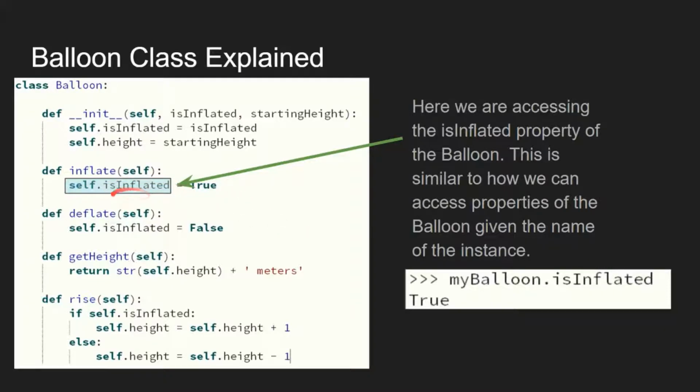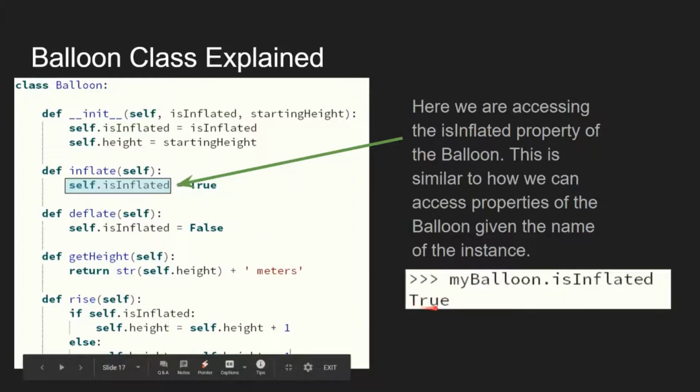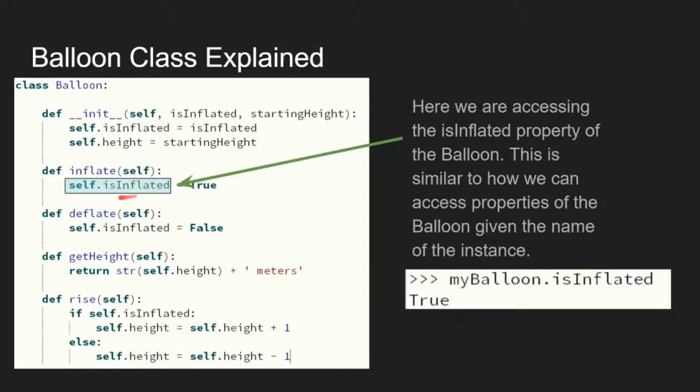This is very similar to how we can access properties of the balloon given the name of the instance. So here we can type myBalloon.isInflated to see that it's true. Similarly, here we write self.isInflated. Am I inflated? You can think of it like that. Because the self parameter is the instance itself. That's a little bit confusing, but basically these two are the same.